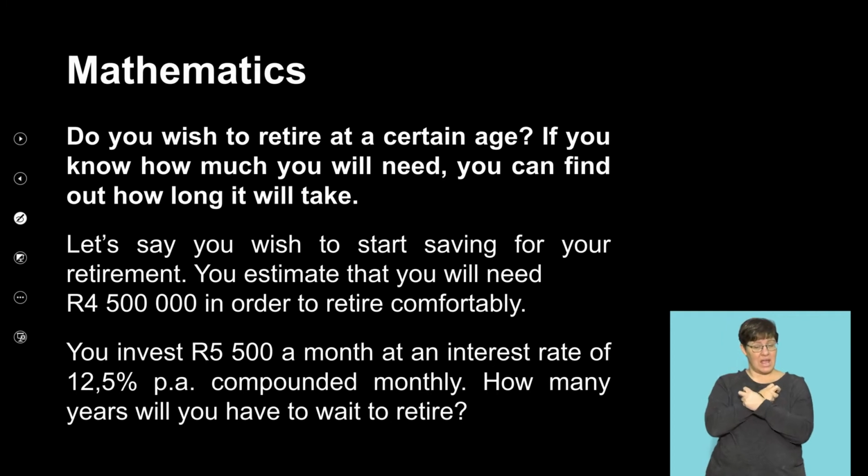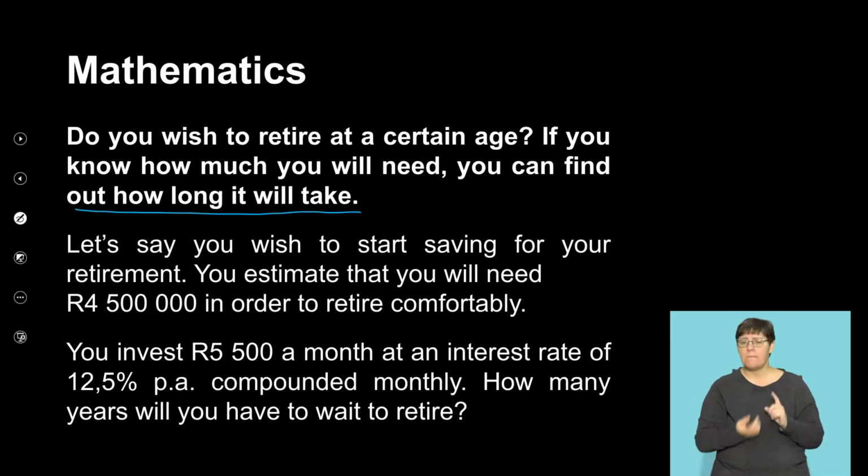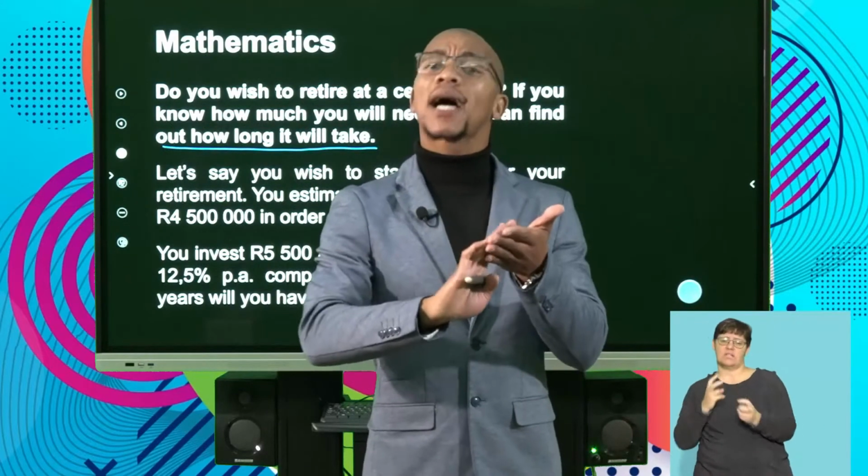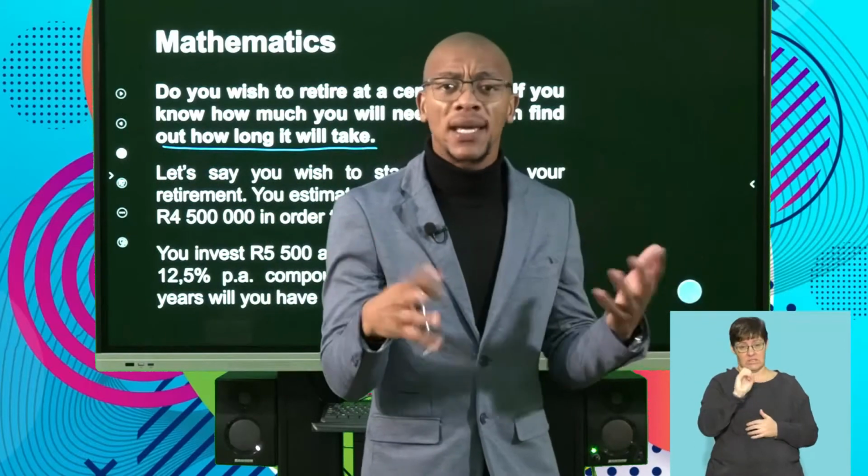Now, do you wish to retire at a certain age? If you know how much you will need, you can also find out how long it will take. With this one that we just did, we knew how many years I want to invest, right? I'm 25. I know that at 65, I want to retire. So that means I have 40 years to do that. And I have 700 rand that I can spare every month.